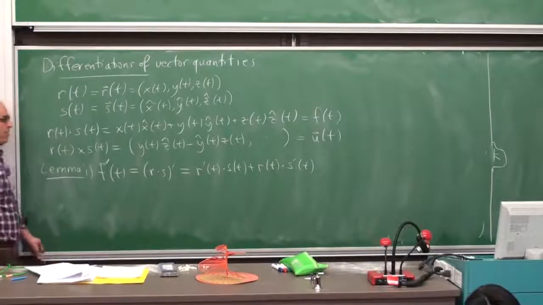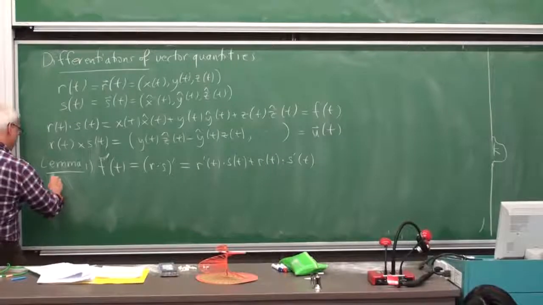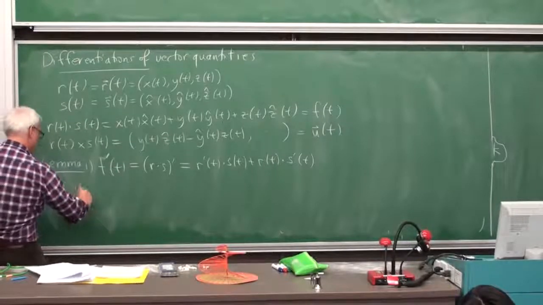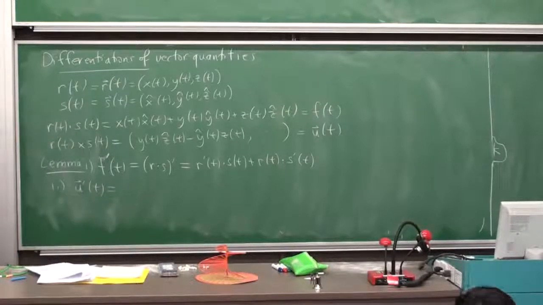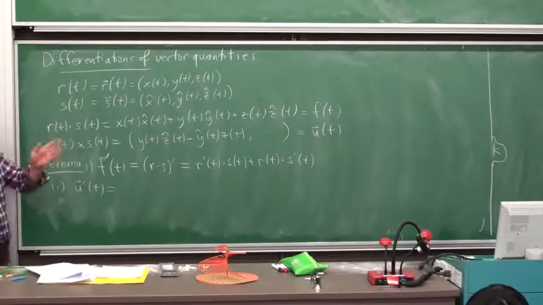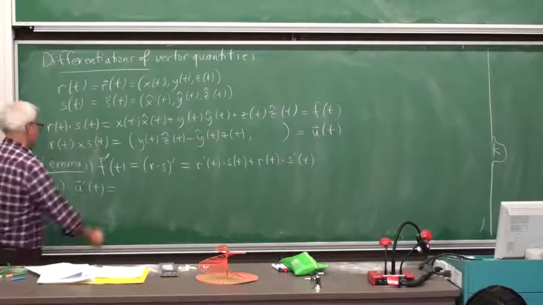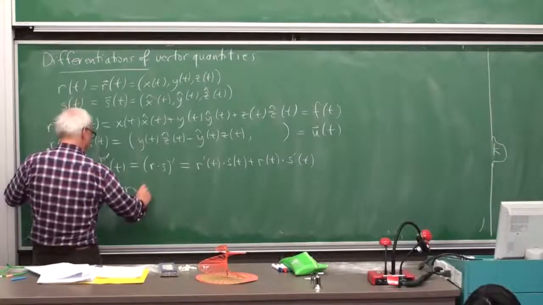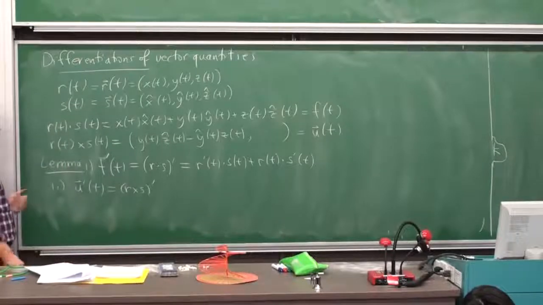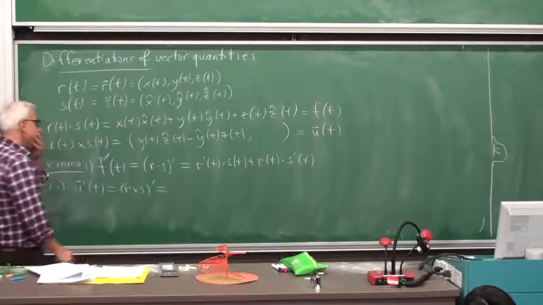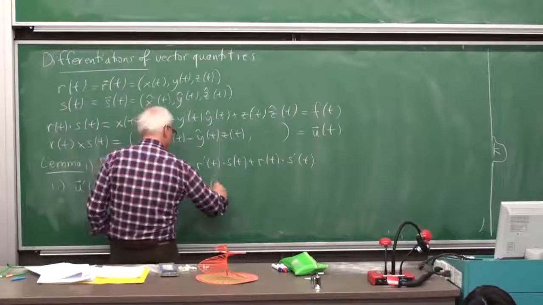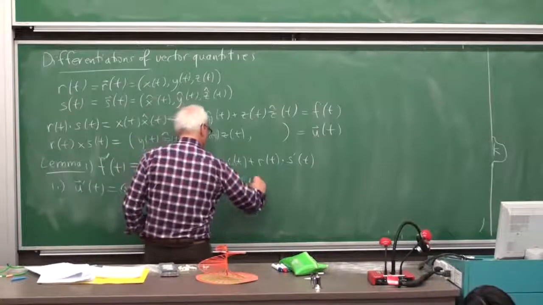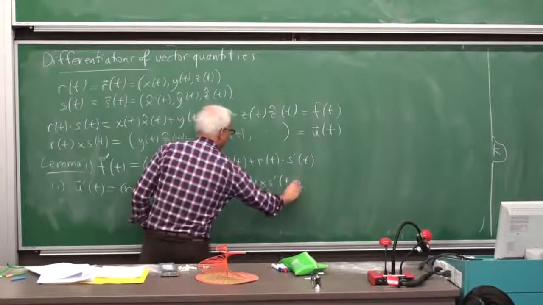That's the first one. And the related formula for the cross product is if we take this vector valued function u and we differentiate it, now that means differentiating in every component. Then what we're going to get is r prime of t cross s of t plus r of t cross s prime of t.